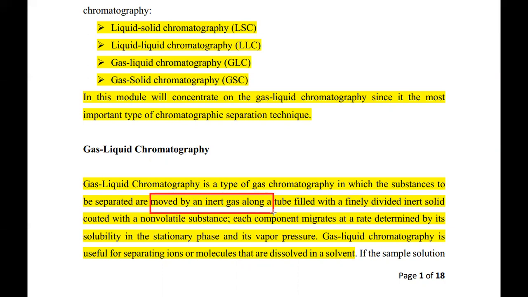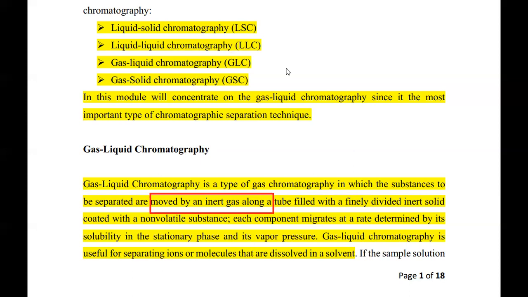Now we're saying that it's filled with a finely divided inert solid coated with a non-volatile substance. We're going to look at this in detail. Each component migrates at a rate determined by its solubility in the stationary phase and its vapor pressure.